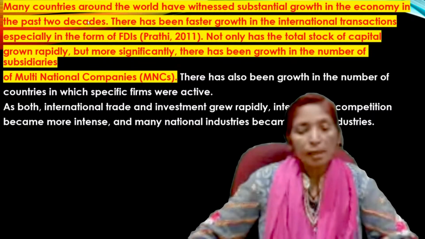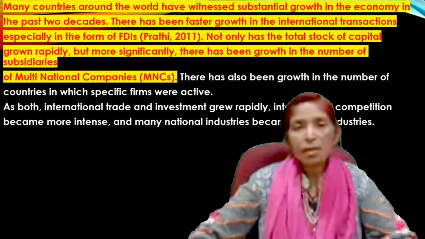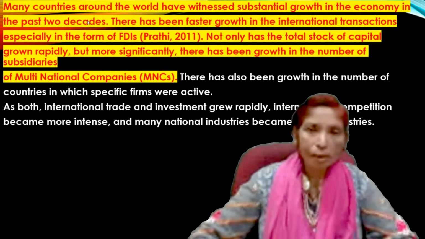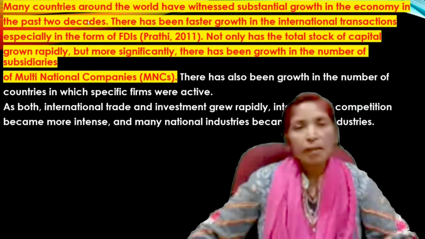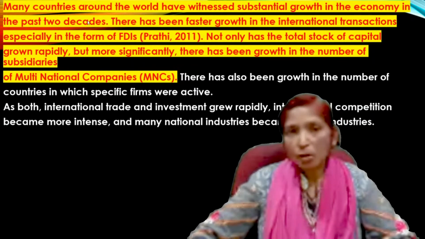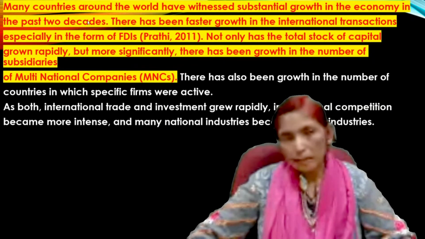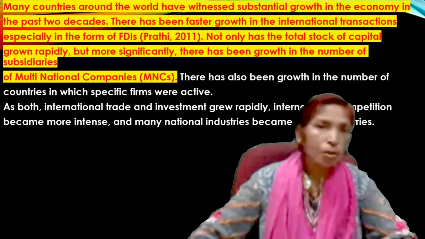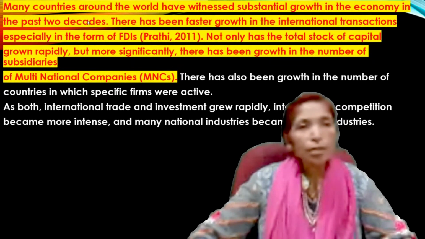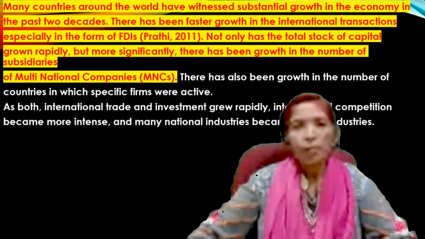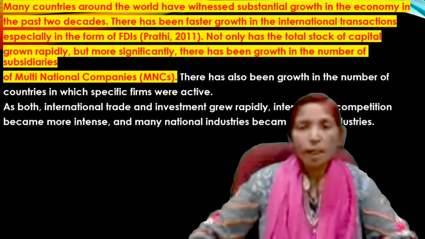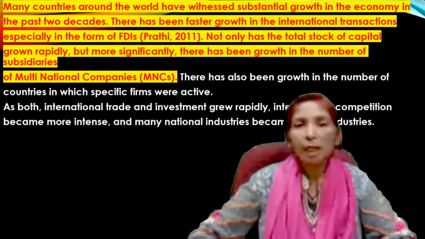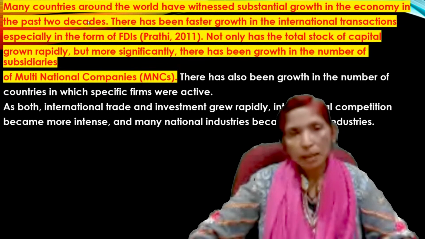The country in which they start their business is called the host country, and the country to which they belong is called the parent country. They generally earn profit from the host country and send it to their parent country. Through FDI, they invest bulk money in developing countries.